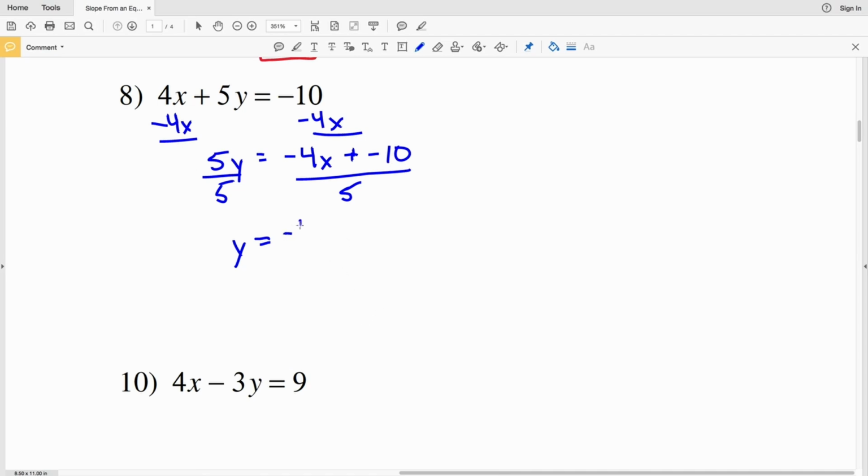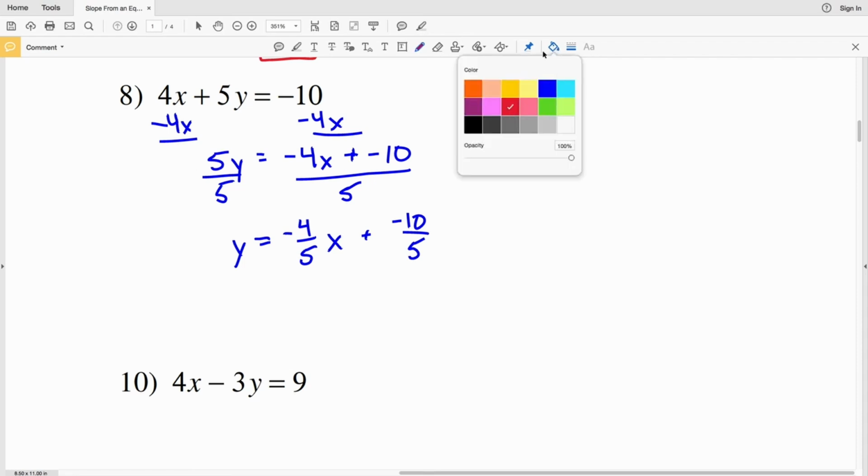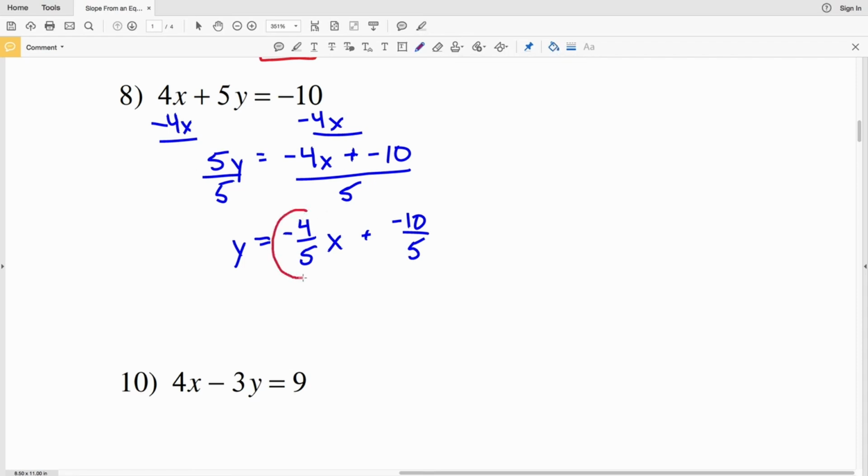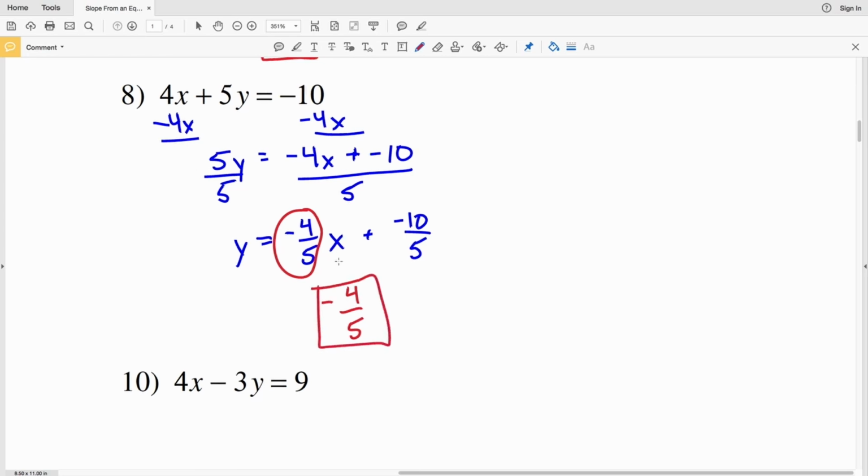So that's negative 4x over 5, which is the same as negative 4/5 x, plus negative 10 over 5. We can simplify this more, however, we're already in slope-intercept form, and we can see that our slope m is negative 4/5. So negative 4/5 is the answer for number 8.